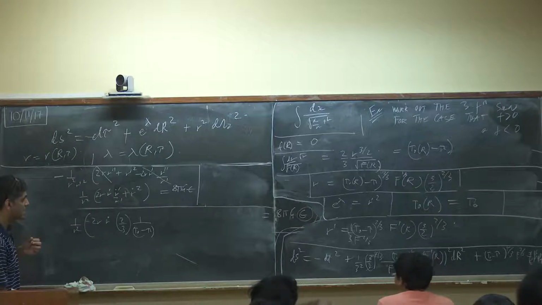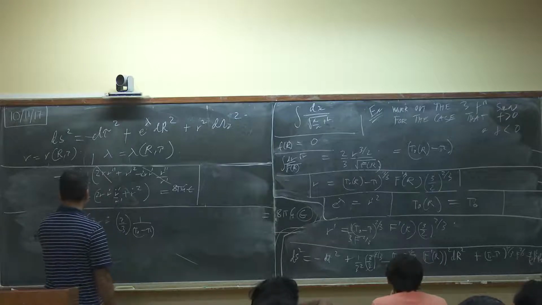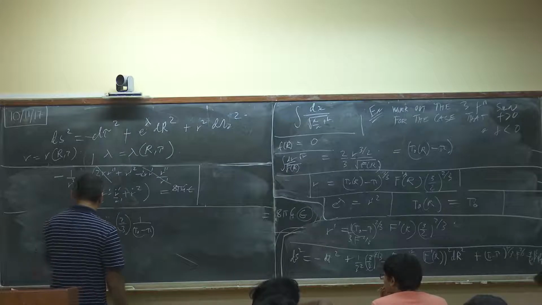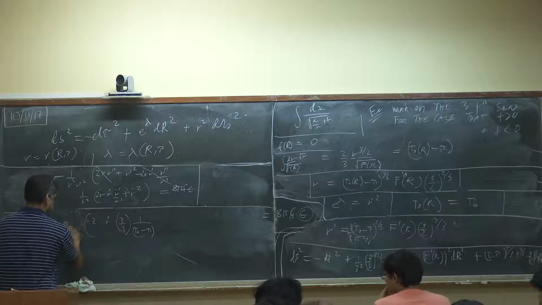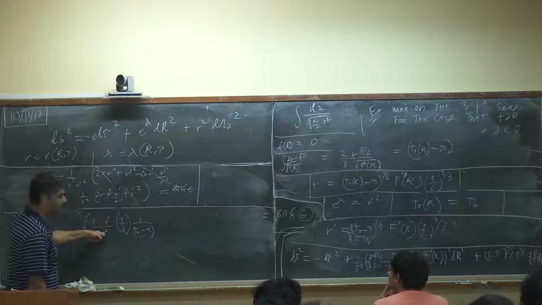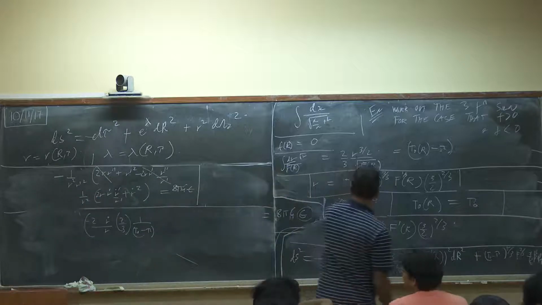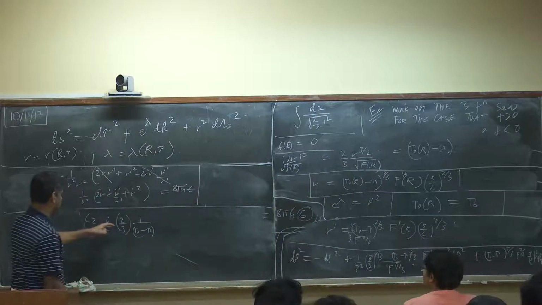Great. And then we have 2R R dot by R squared. So this R and R squared of course goes. So this is R dot divided by R, same thing, and therefore this just gets squared.